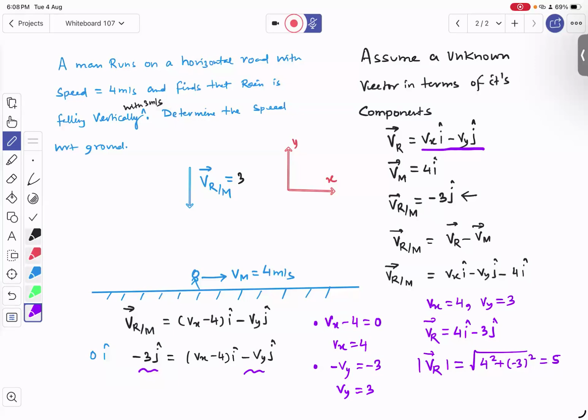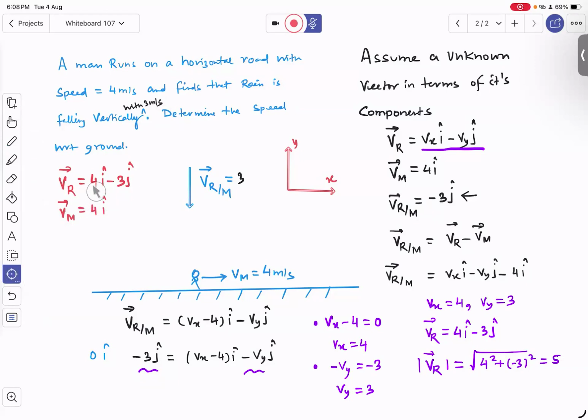I hope you got the point now. So the takeaway from this question is, check out what the velocity of the rain really is. It is 4 i cap minus 3 j cap. And the velocity of the man is 4 i cap. So the x components of both of these two vectors are equal, no? Correct?